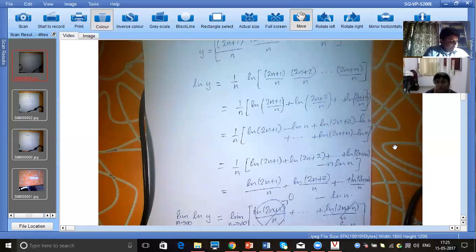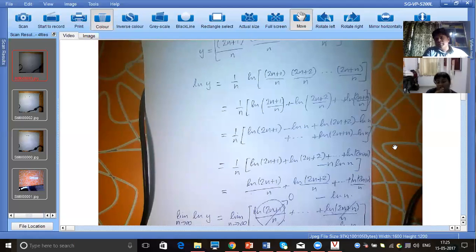So you're left with this. And this thing goes to? As n goes to infinity, what about log n? Infinity. So this whole thing goes to minus infinity.